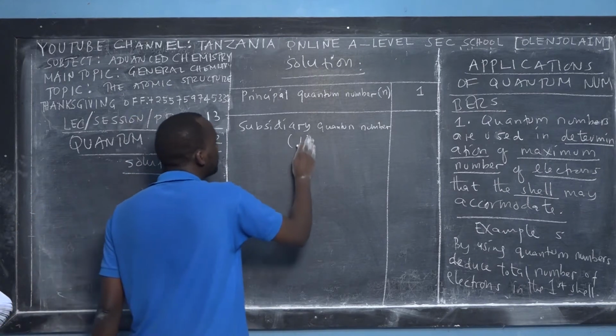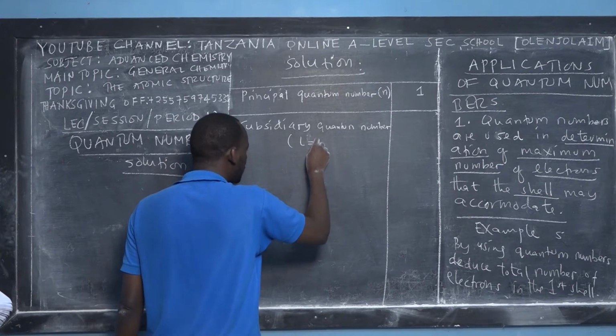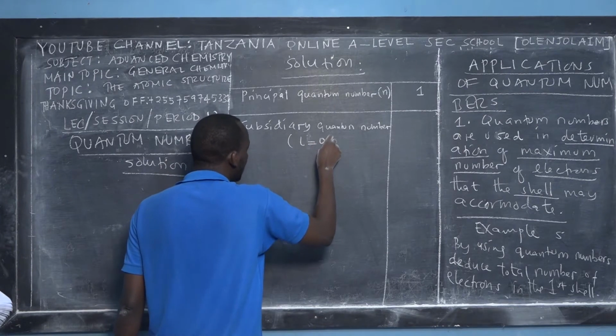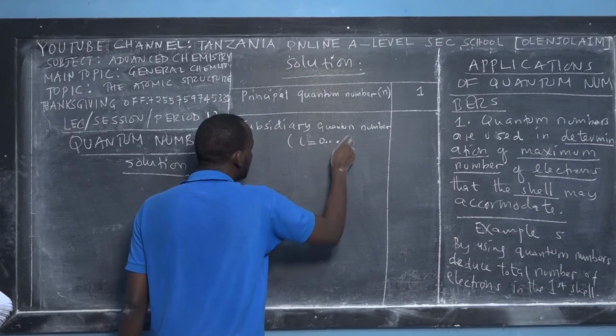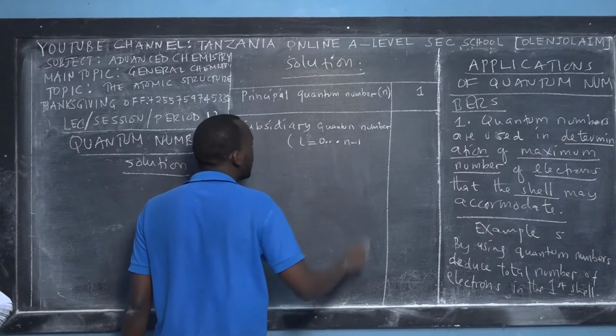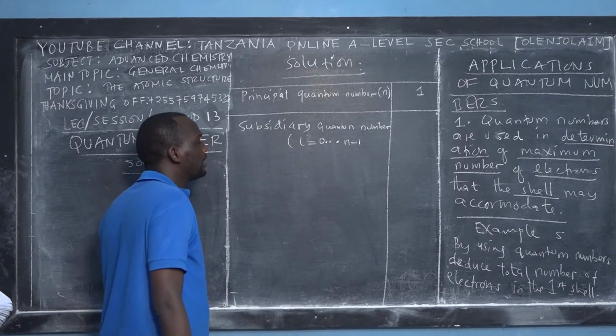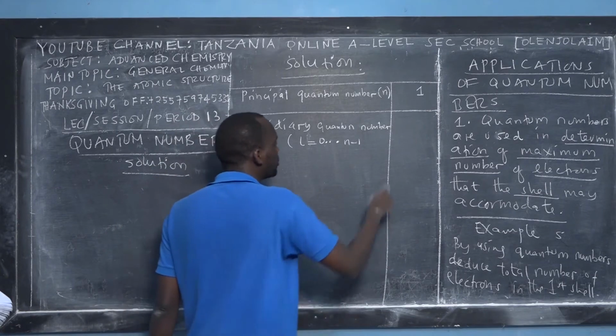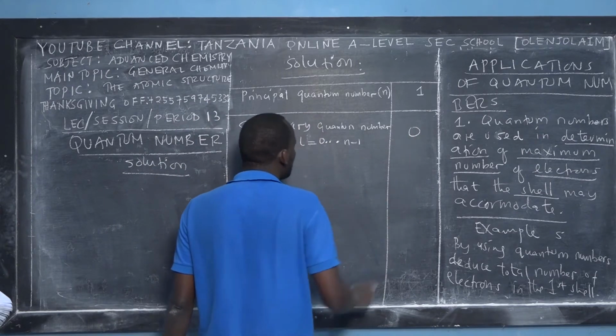I told you that L starts from 0 and increases, the maximum value being n minus 1. So what is the value of n? 1. So 1 minus 1 is what? 0. So the value of L for this case is 0.